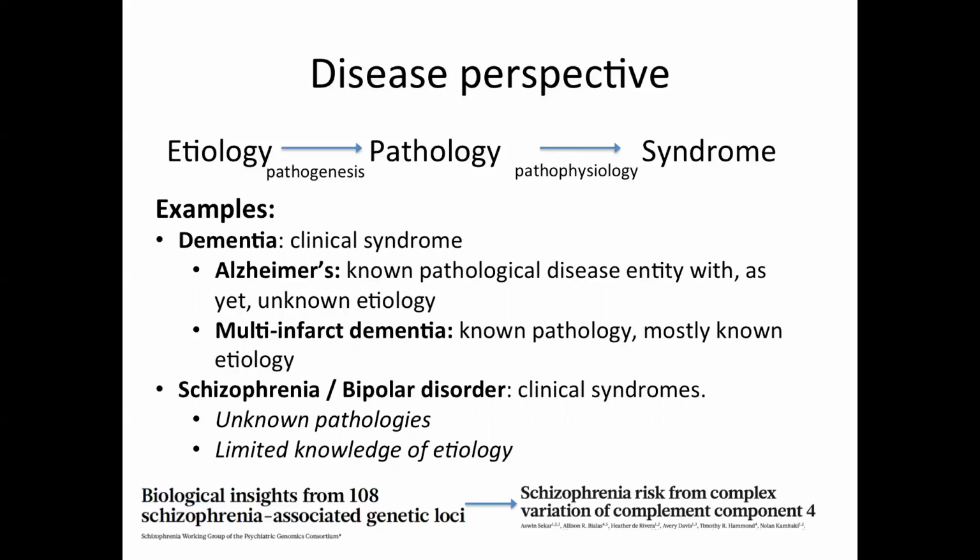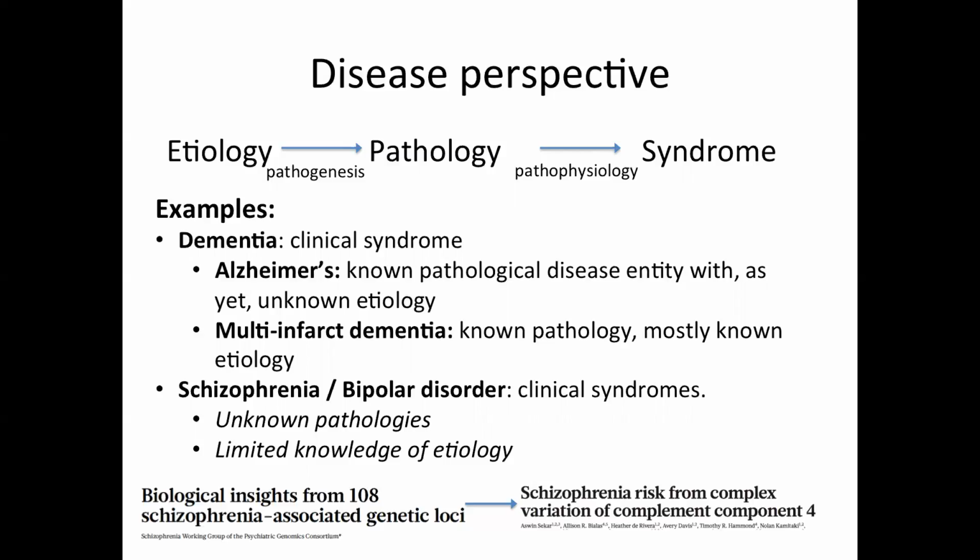So just to reiterate, when we think about diseases, we can think about etiologies or causes that lead through a pathogenic process to a specific neurologic lesion, whether at the tissue, circuit, or cellular level, and that these pathologic disease entities lead through a pathophysiologic process to a set of signs and symptoms that we recognize as a syndrome. Each of these, etiology, pathogenesis, pathology, and pathophysiology, represents targets for scientific inquiry.